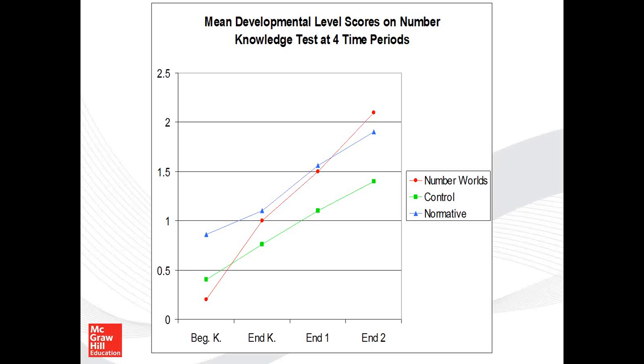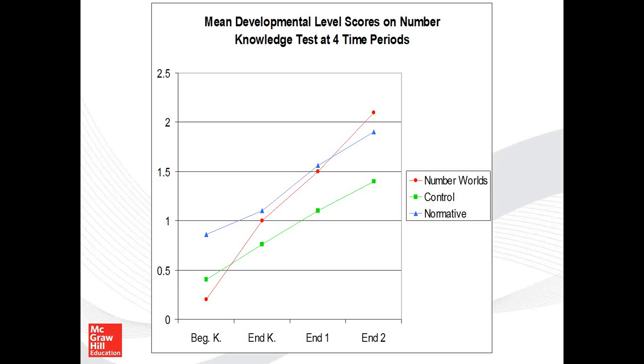The vertical axis shows their developmental level score on the number knowledge test. This test is included in the Number Worlds assessment booklet, and all users of Number Worlds are encouraged to use this test. On that vertical axis, each point represents 1 year's growth.